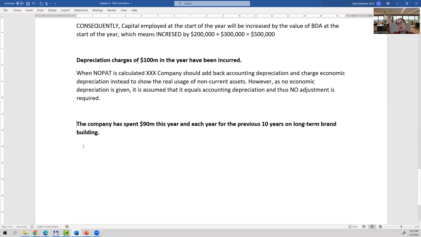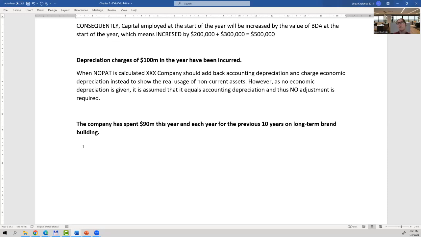So what does it mean? Well, investment in brand is long-term value creation. So we need to capitalize the expenses, which means that we need to take that 90 and multiply that by 10, and $900 million are going to be the correction of capital employed.